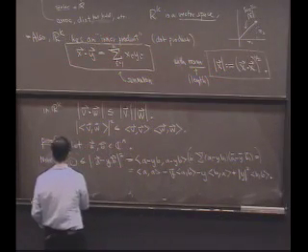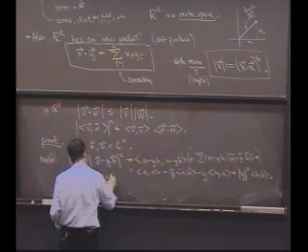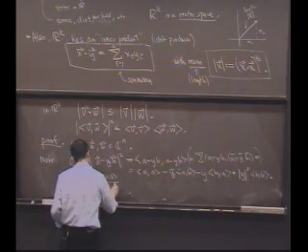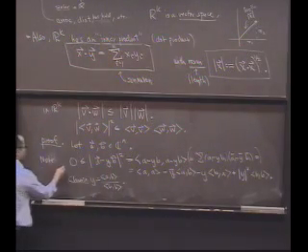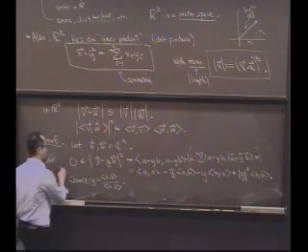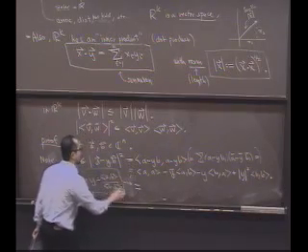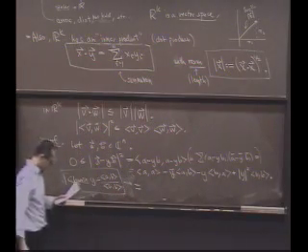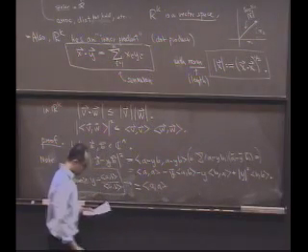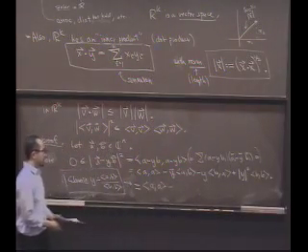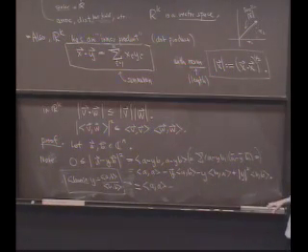Here's where I choose y appropriately. Let y be (A, B) over (B, B). You can't stop me from making that choice. If I make that choice, I get something equivalent to (A, A) minus... when you put all this in, lots of things combine.